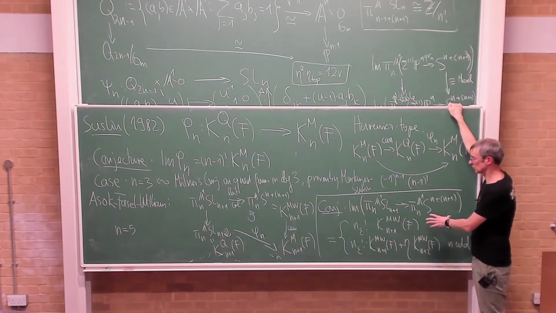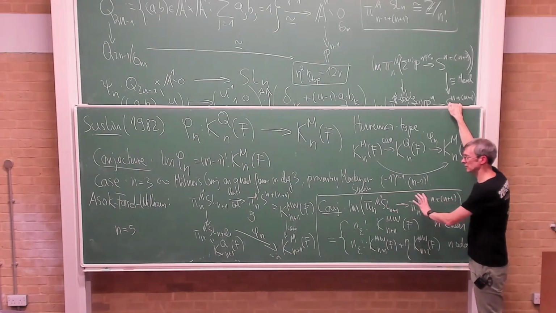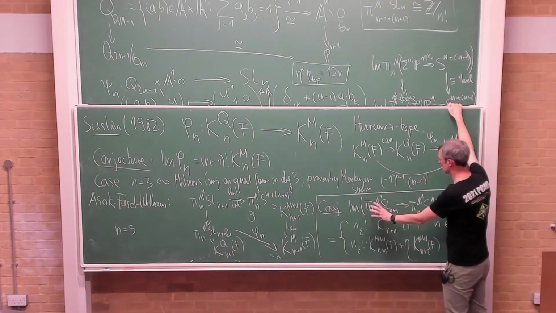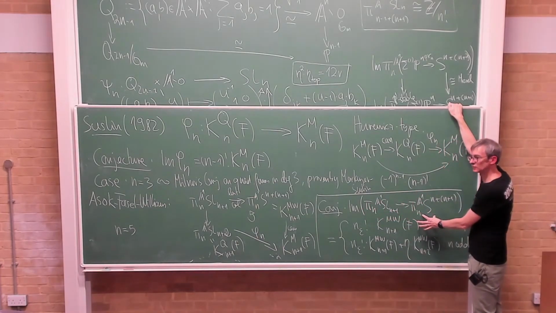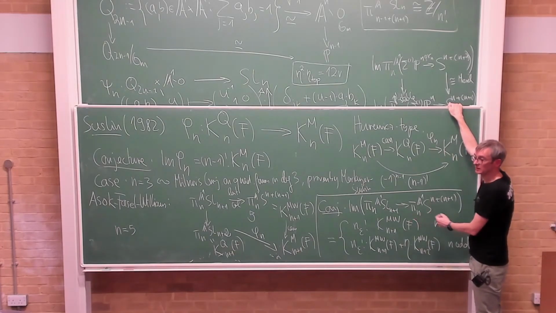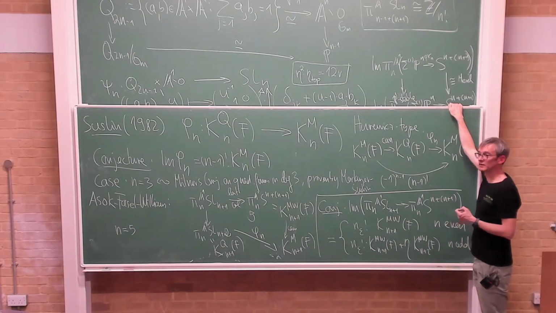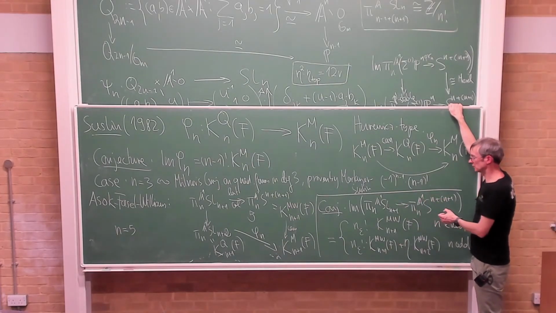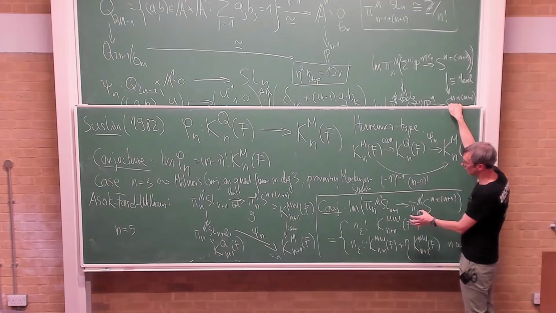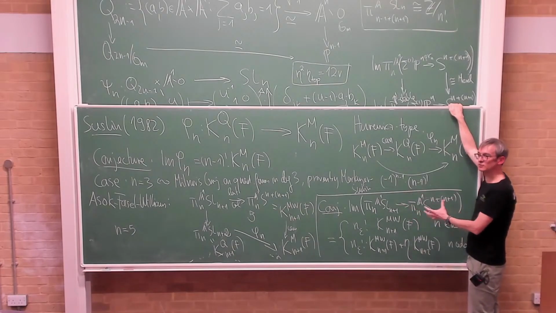Yeah, the question is what happens in the other weights. And there it is not clear that the image in the other weights is generated by what happens in this specific weight. Yeah, I mean the maps are there, but there's information missing on how things are generated in certain degrees.